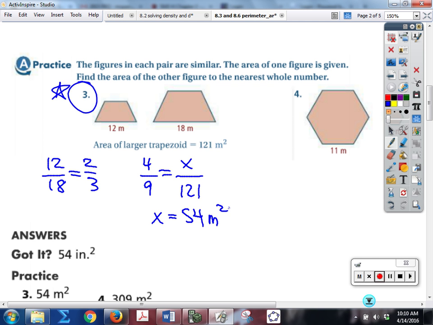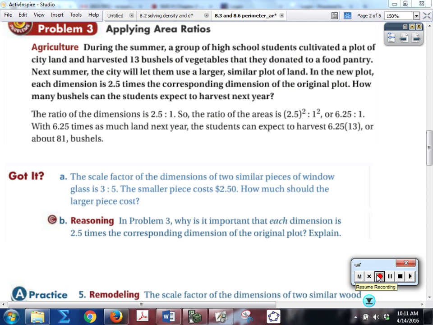So this one, I'm just going to walk through. It has the area. This has a high school group. They planted some bushels of vegetables, and whatever they planted, the city gave to them. They got 13 bushels of vegetables. We don't know exactly what the area was, but we know that the city's going to let them use a large similar plot where each dimension is 2.5 times the original one.